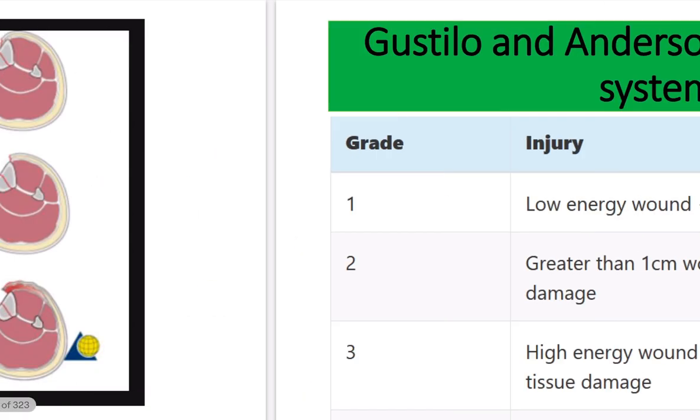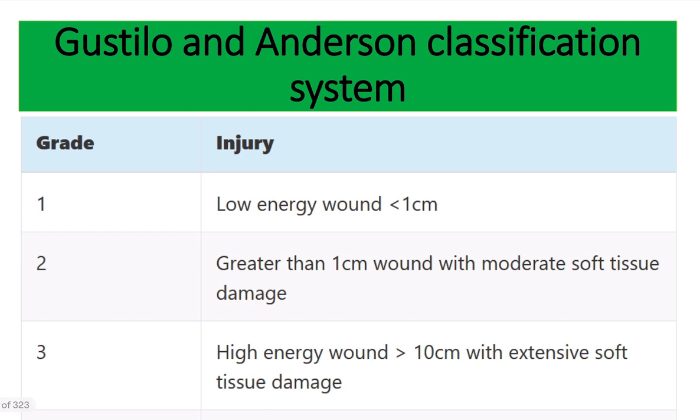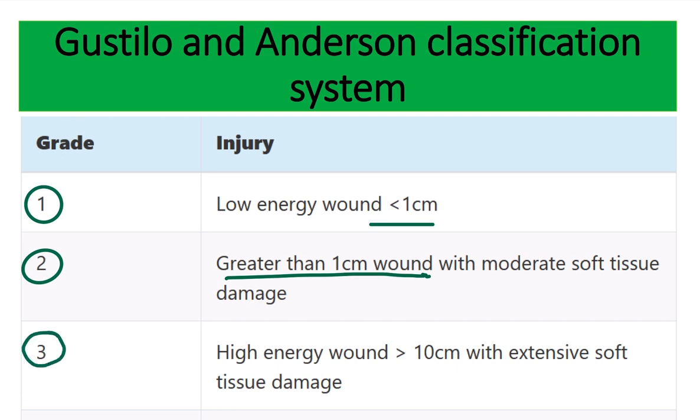In grade 1, the wound size is less than 1 centimeter, in grade 2 the wound size is more than 1 centimeter, and grade 3, which is the most dangerous, is a high energy wound of more than 10 centimeters. So 10 centimeters is a big area.